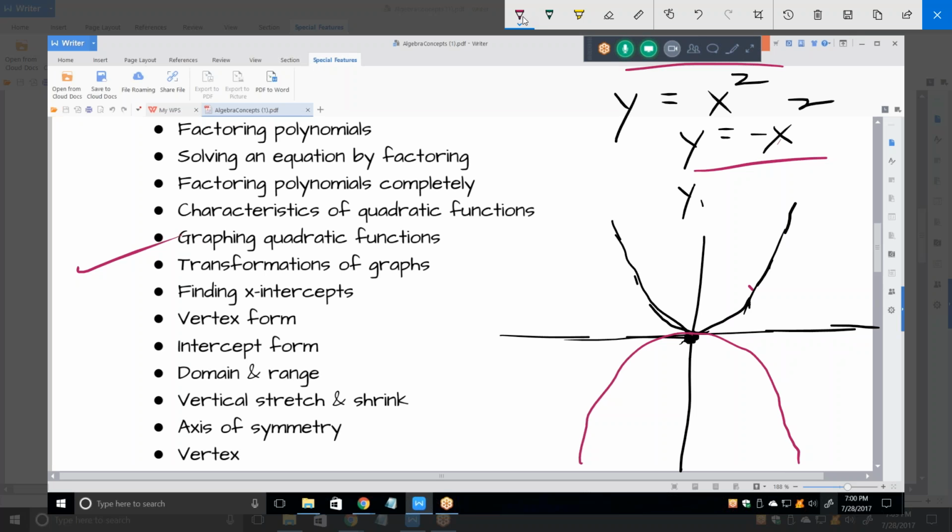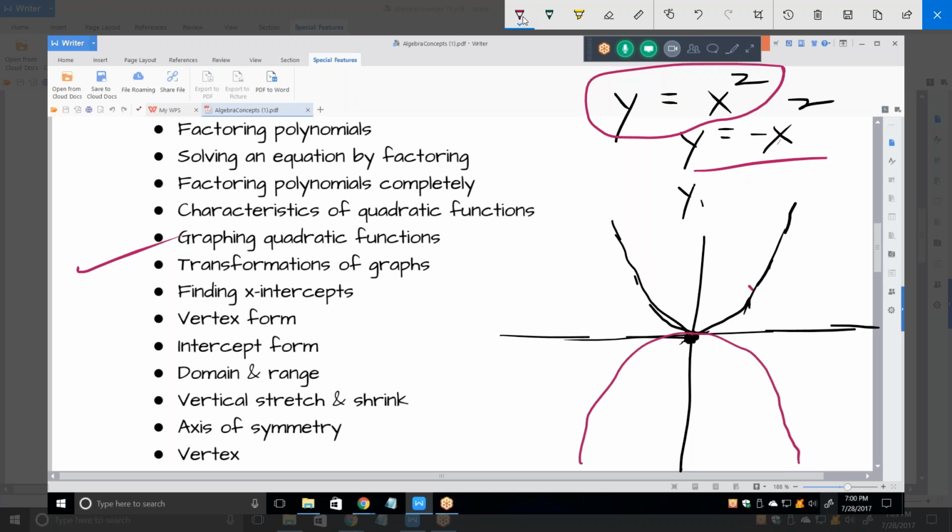Now, this is called the parent function, okay? And what we're going to work with are the 6 transformations you can make of any function. It doesn't matter if it's a quadratic function or a cubic function or a linear function or an exponential function or whatever. All of these transformations are similar in principle.